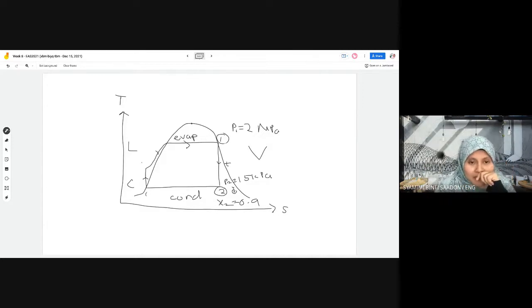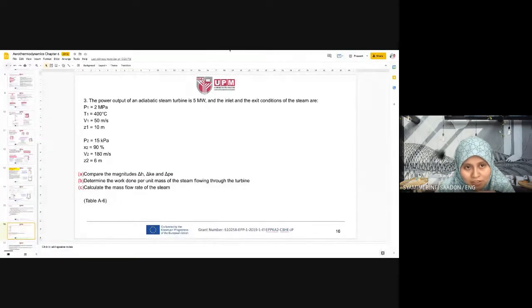Here the substance is water, just that the phase of the substance is superheated vapor. So 2 megapascal pressure, and temperature 400 degrees Celsius. So what do we get for H1?